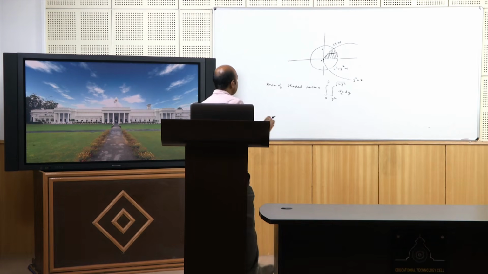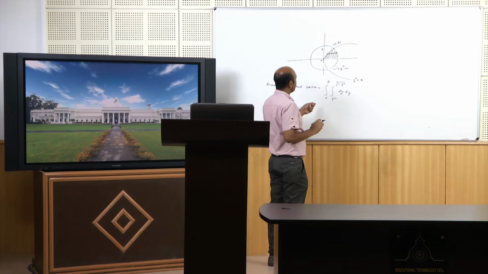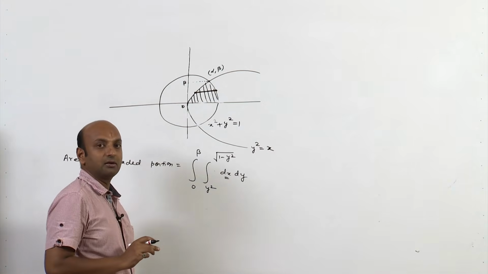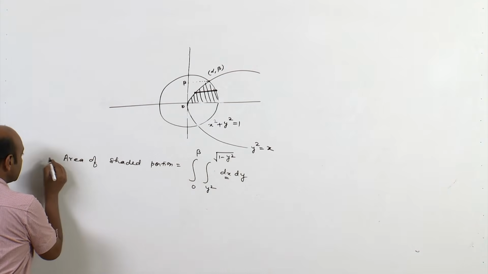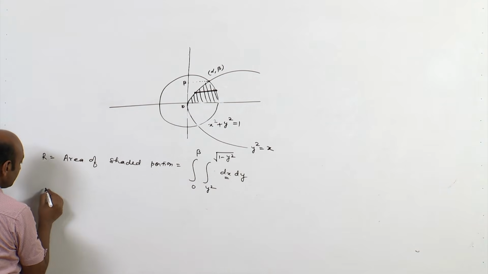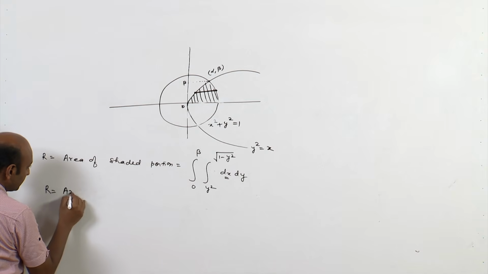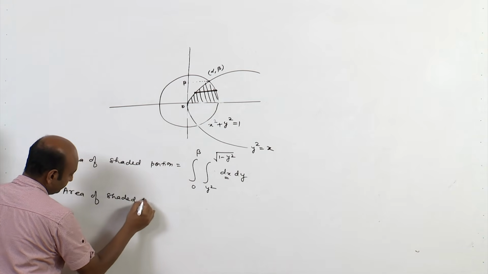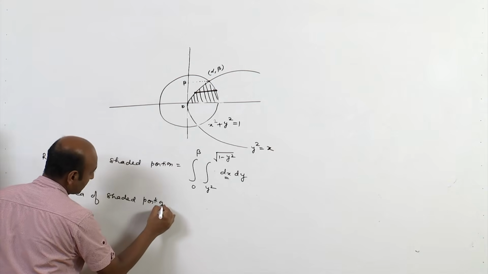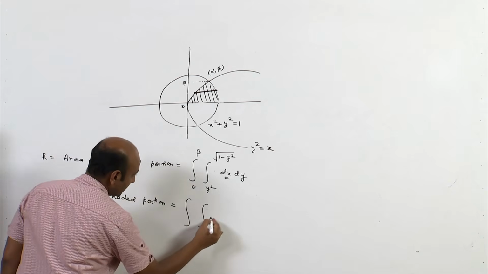Now, this area can also be found if instead of taking dx dy we take dy dx. Okay. Suppose this is R. So, the same R, which is the area of this region, can also be found like this, with dy dx.